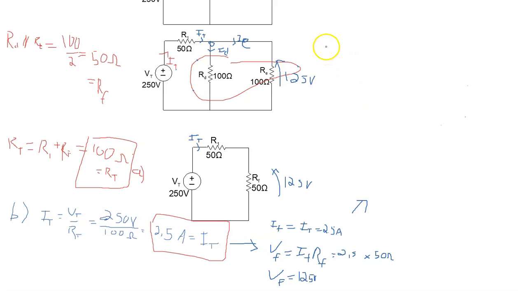So we're going to say that VD is equal to VE is equal to VF at 125 volts. We're also going to say then that IE by Ohm's law is equal to VE divided by RE.